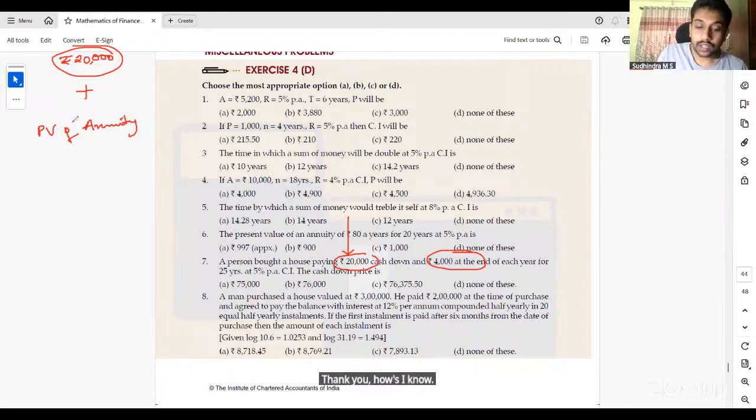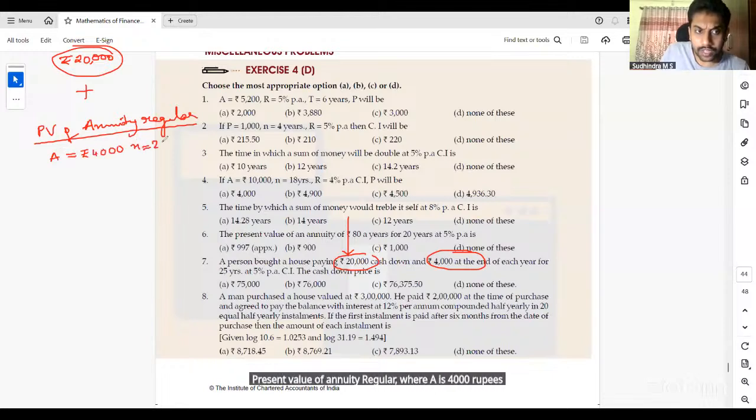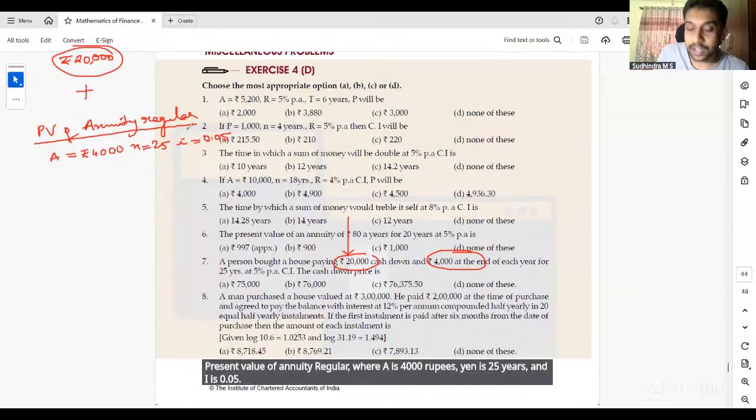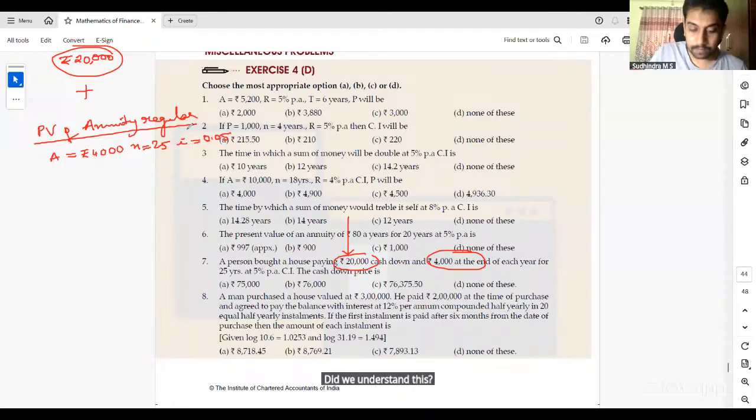Regular, because it is paid at the end of the period, as specifically given. Present value of annuity regular, where A is 4,000 rupees, N is 25 years, and I is 0.05. Did we understand this? Everyone following? Guys, we there?